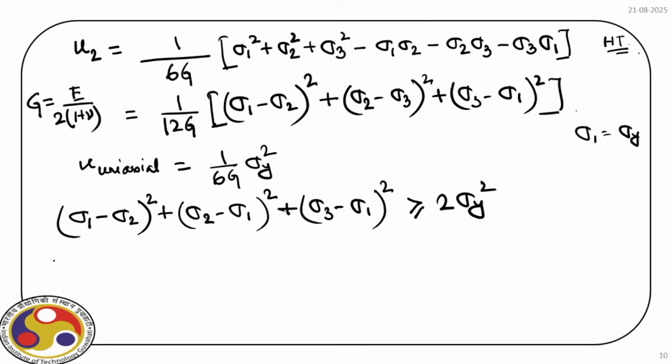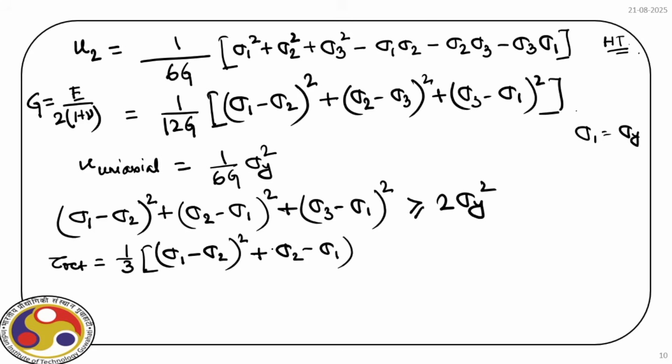Now, if you recall, the expression of tau octahedral is equal to 1/3, within bracket, sigma 1 minus sigma 2 whole square plus sigma 2 minus sigma 3 whole square plus sigma 3 minus sigma 1 whole square, to the power half.